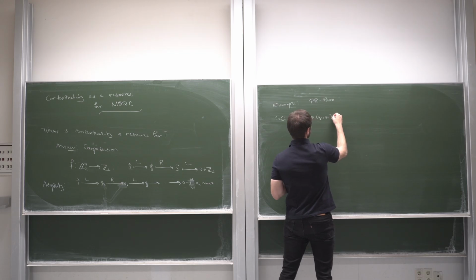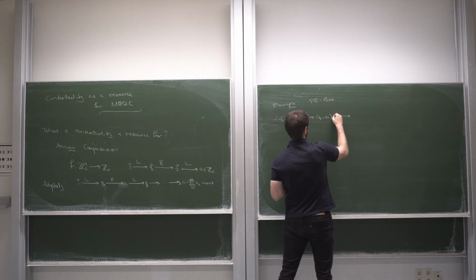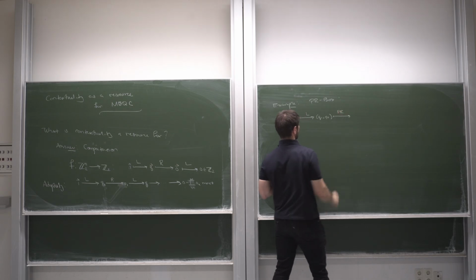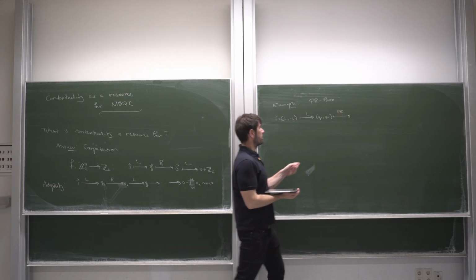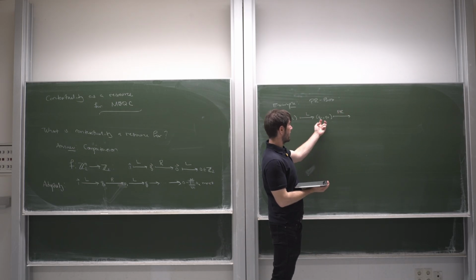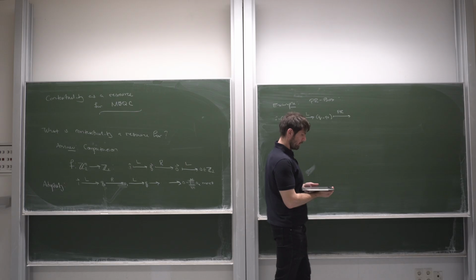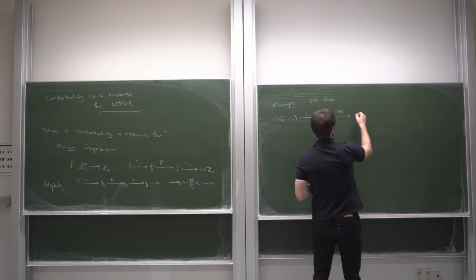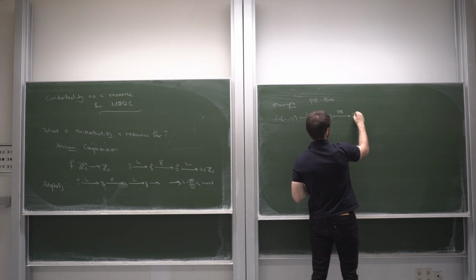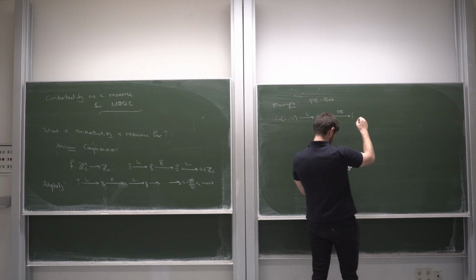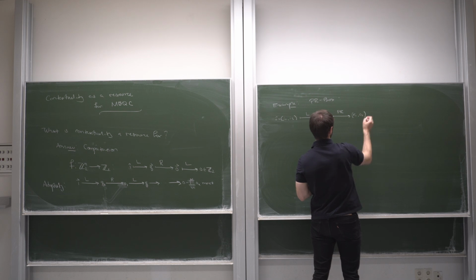Then, once we've determined the context to be measured, we give it access to a PR box, by which we mean Alice and Bob do a measurement on a resource, which is the empirical model of a PR box. We get some outcomes, R1 and R2.